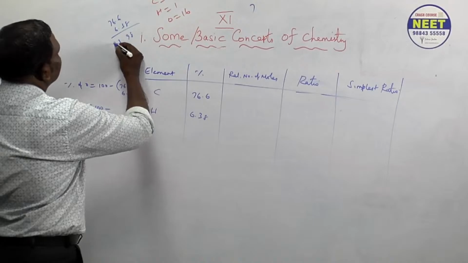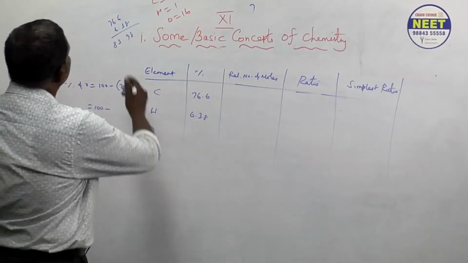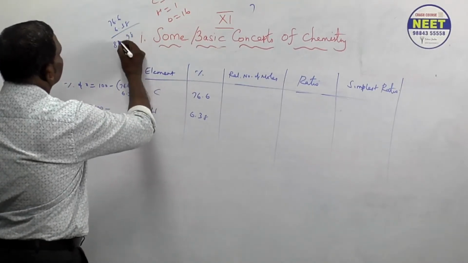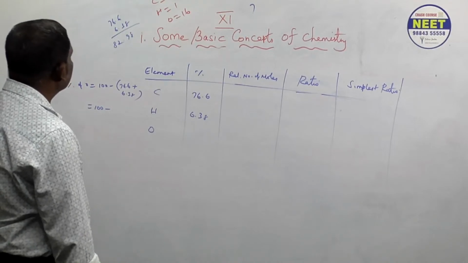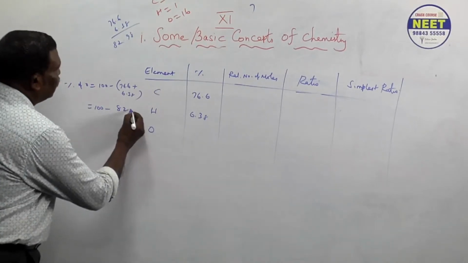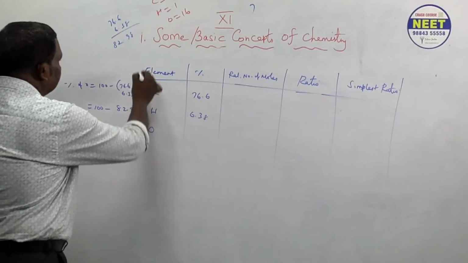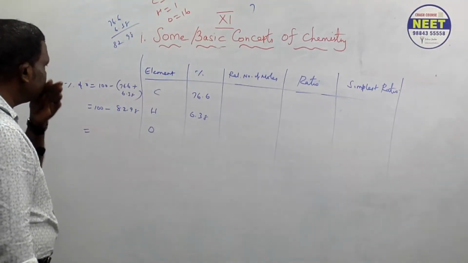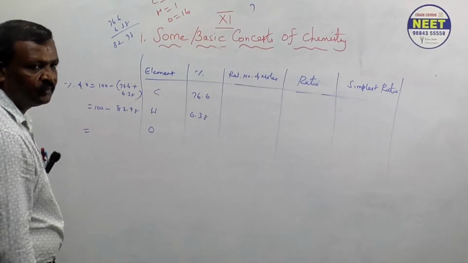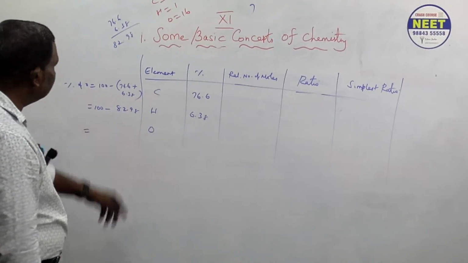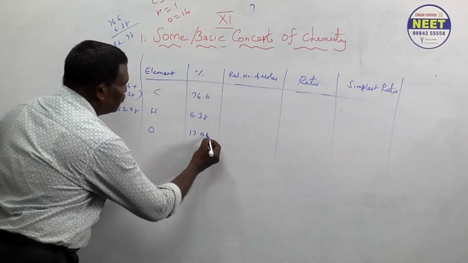How much? 82.98. You subtract 100 minus 82.98, that is 17.02.